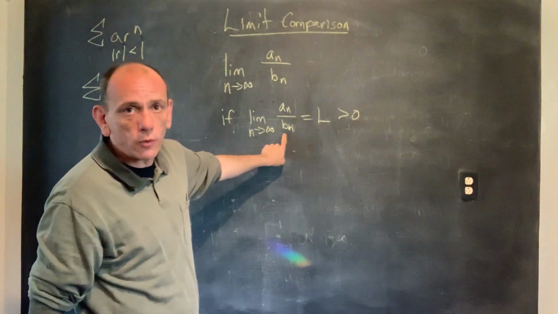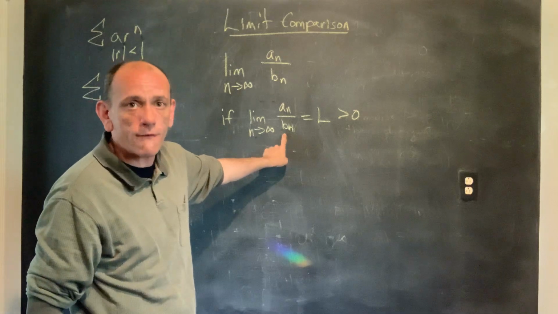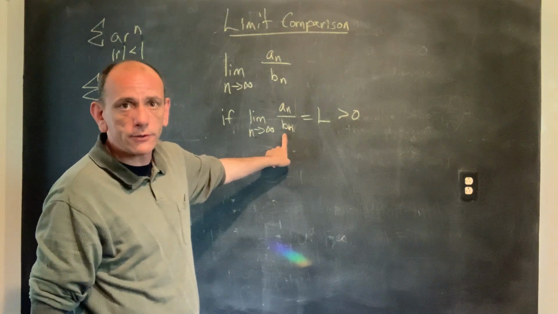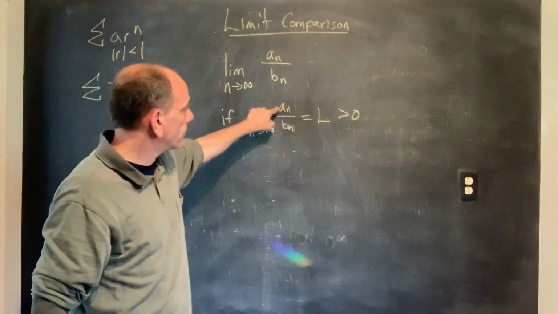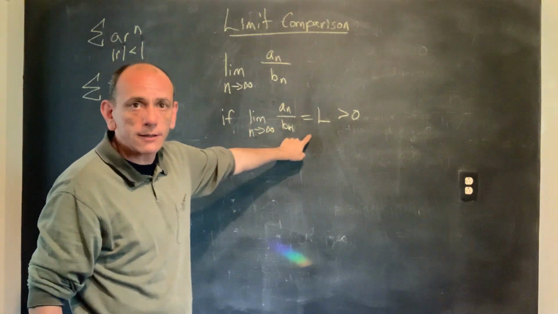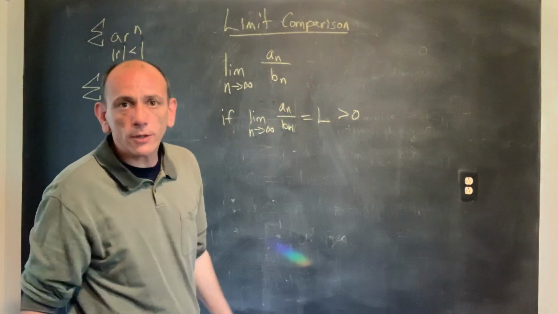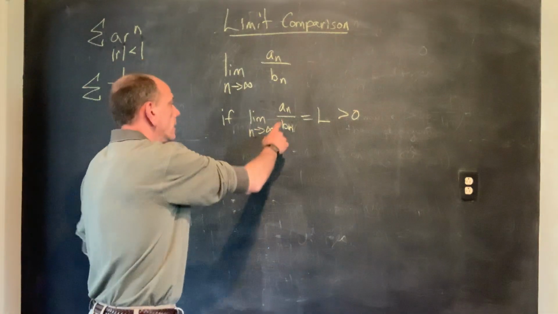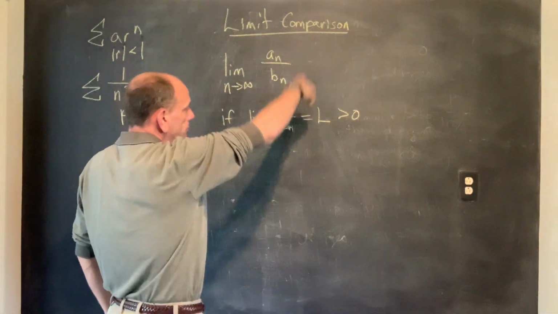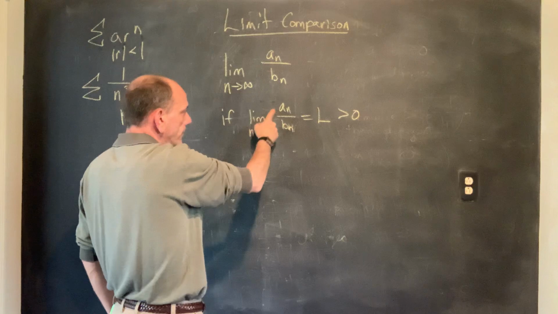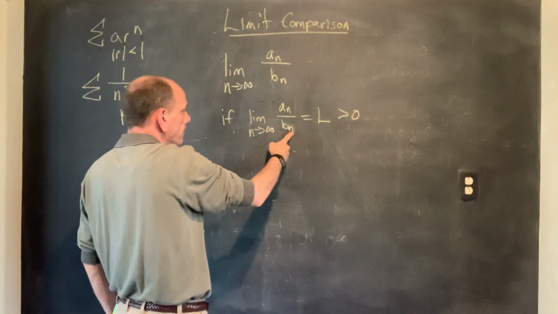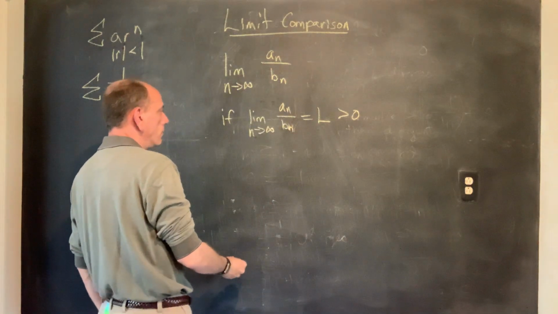But we already know that B sub n is going to 0 fast enough for the series to converge. So if A sub n is going to 0 at the same rate, then it must also converge. And likewise, if B sub n is blowing up to infinity and A sub n has the same exact behavior as that, well, then A sub n has to blow up too.